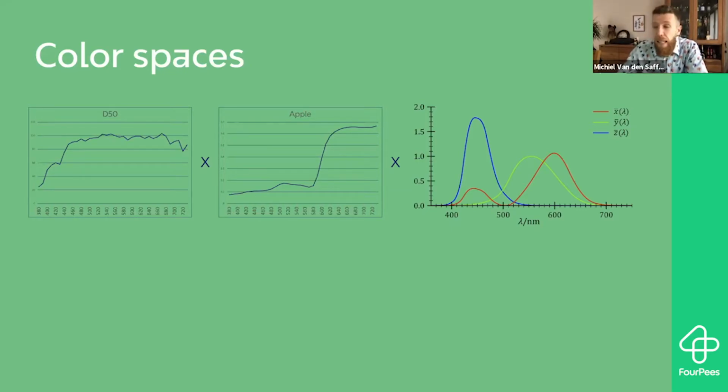You basically multiply every wavelength of our object curve with every wavelength of our light curve, with every wavelength of our color matching function, then take the sum of that for our RGB, and then we get our XYZ tristimulus values that identify any color.